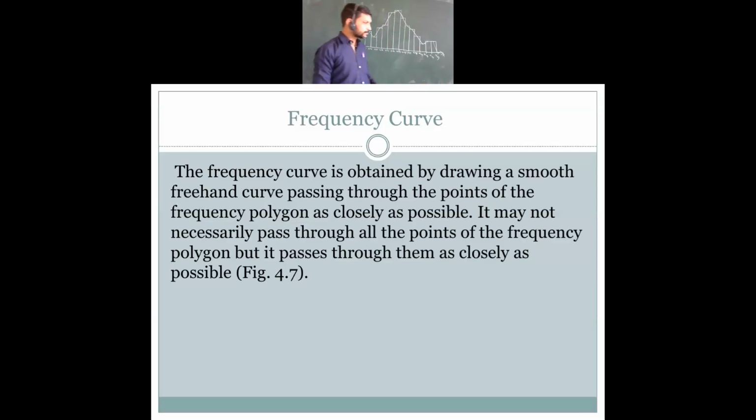Now next part, a frequency curve is obtained by drawing a smooth freehand curve passing through the points of the frequency polygon. See, as this curve comes, this is freehand drawing made over here. Freehand drawing means they are not showing the points, just like how it may be coming, freehand drawing will be drawn over here.